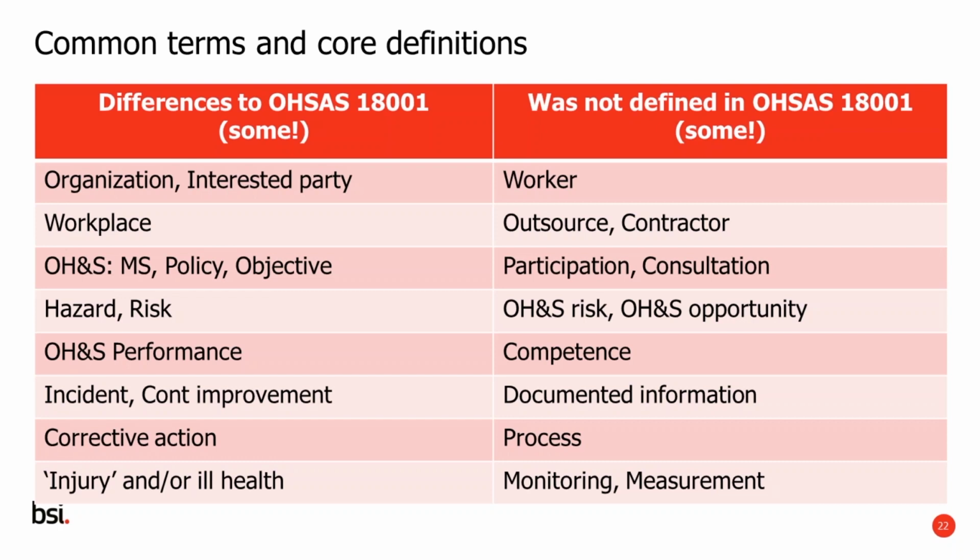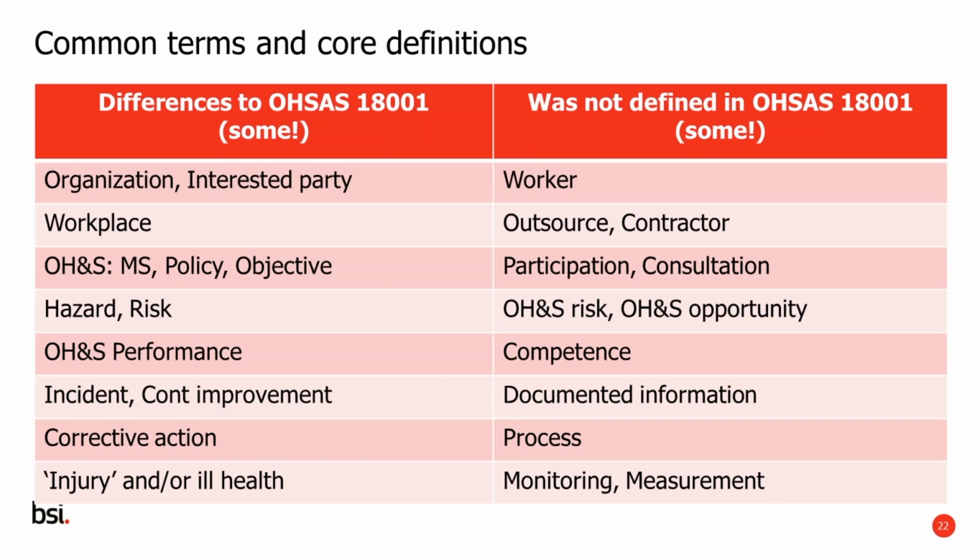What's new in 45001, not defined before, is workers. It's been defined that everybody associated with the management system is now a worker, including all levels of management. So it's been explicitly defined that everybody should be involved. Outsourced and contractor have also been explicitly defined. Participation and consultation: there are subtle differences between participation and consultation.